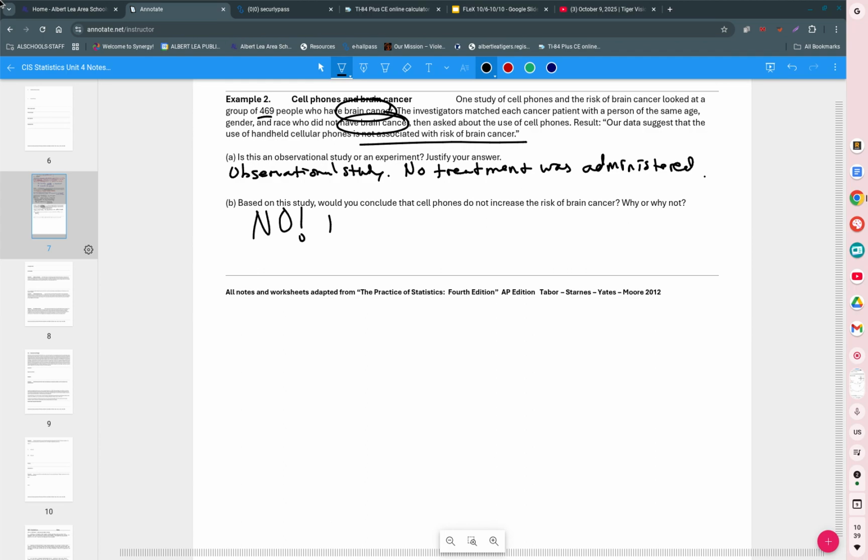This observational study does not show causation. It's very important to understand the difference between an observational study and an experiment.